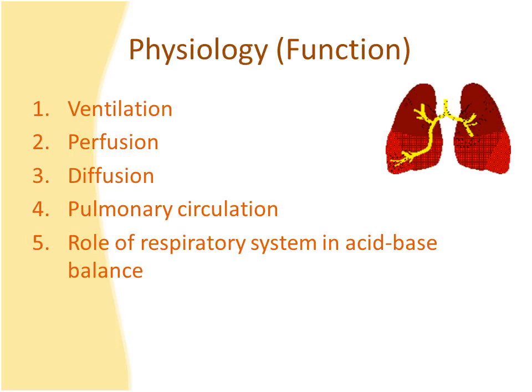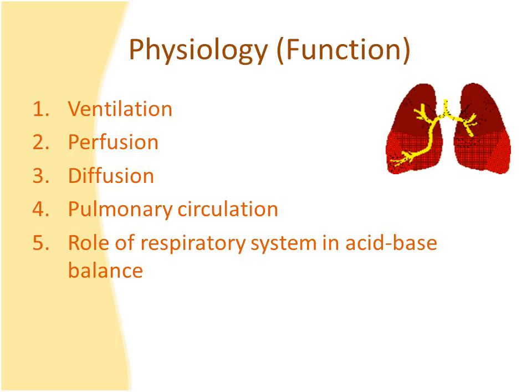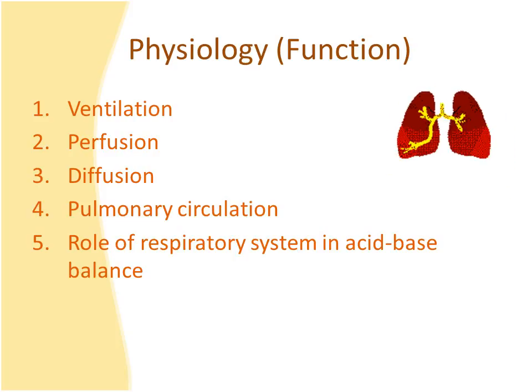Besides oxygenation, the respiratory system also plays a huge role in acid-base balance. The lungs adapt rapidly to acid-base imbalances and act quickly to return the pH to normal. That's the goal, to maintain that pH between 7.35 and 7.45.